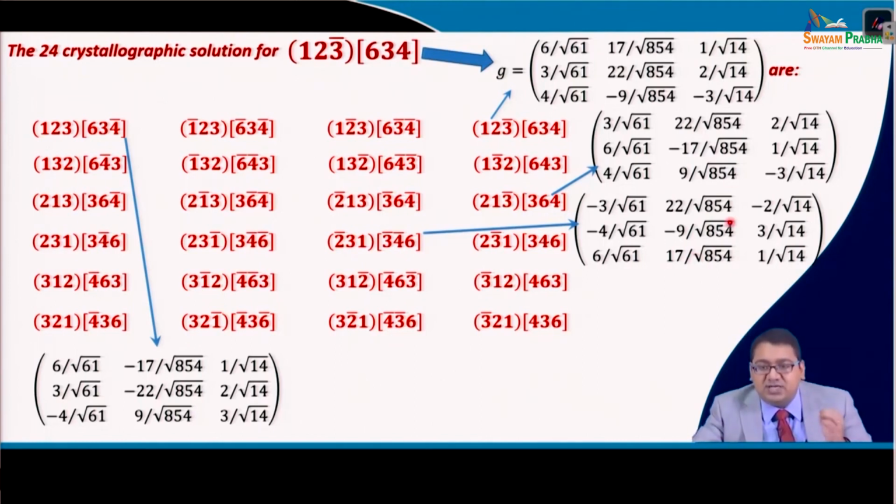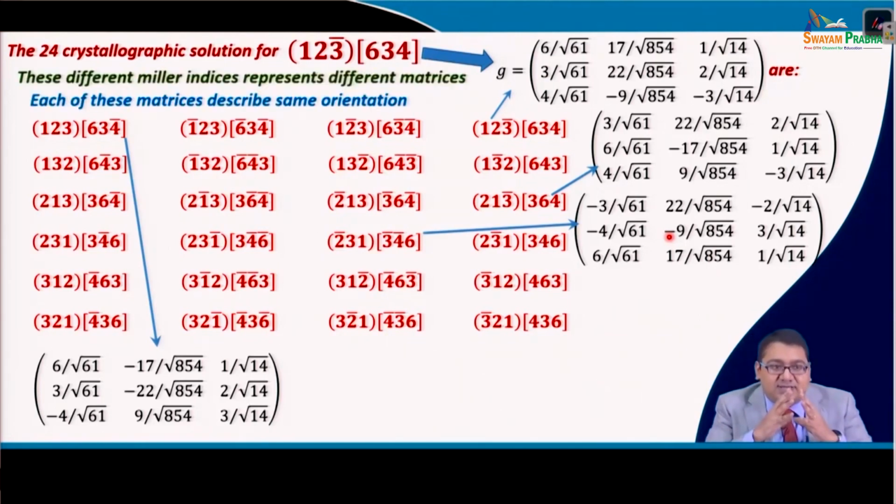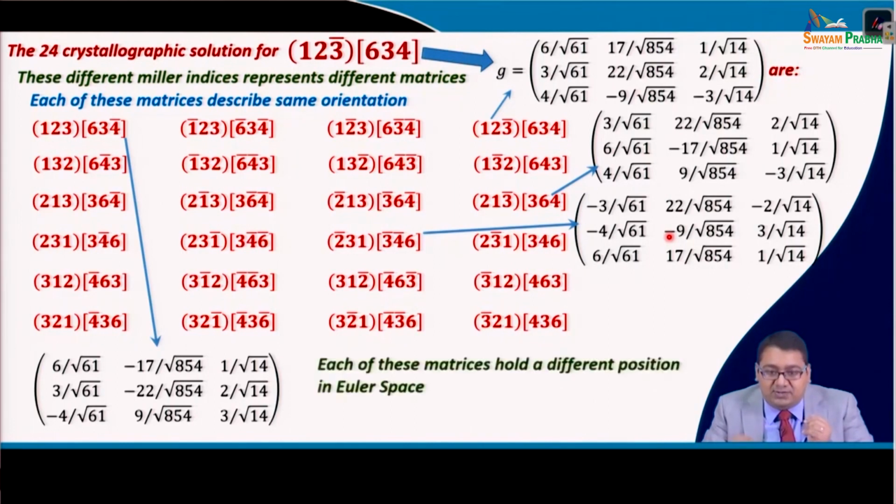So, you see that there are subtle differences in the sign and the positions, and therefore, each orientation matrix is different, and this shows that these different Miller indices representing different matrices show the same orientation, right. Now, each of these matrices holds a different position in the Euler space.